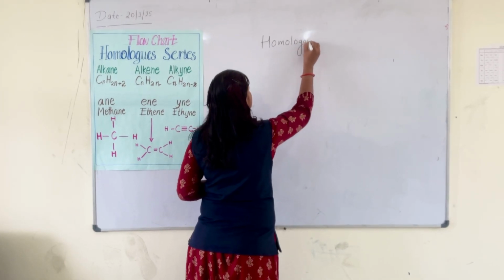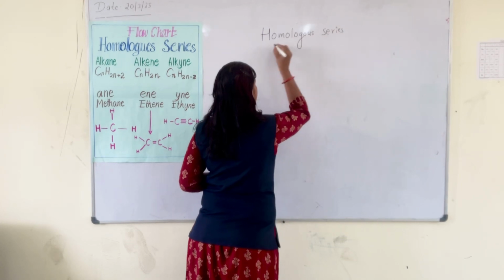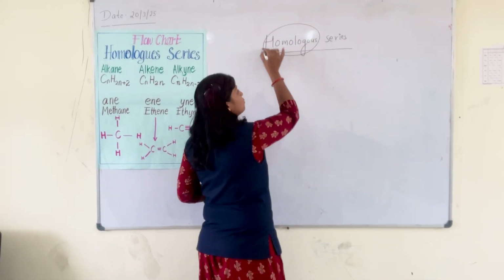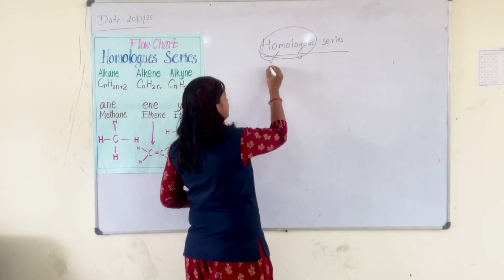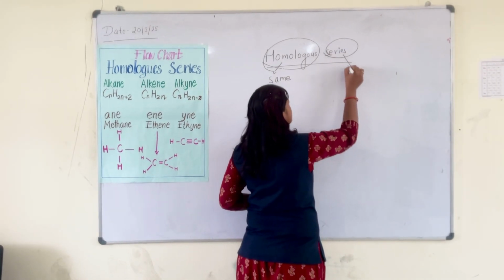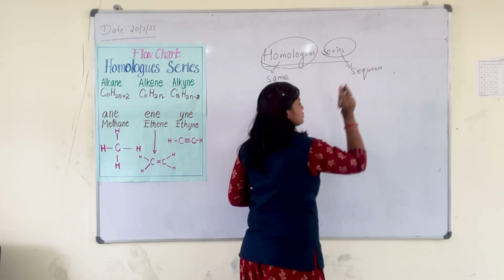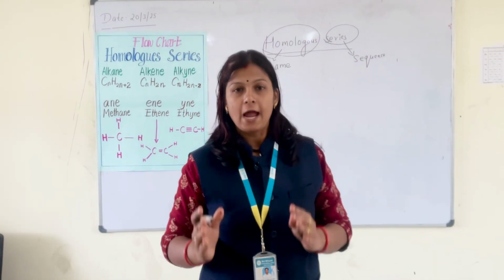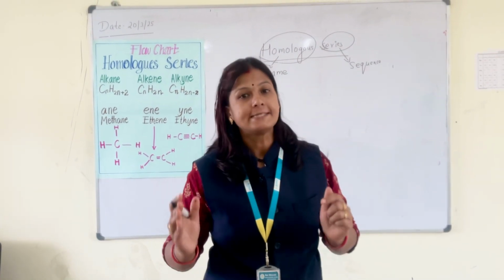Homologous series. Now, what do you mean by the term homologous? Homologous means same. Series means in a sequence. So in organic chemistry, carbon and hydrogen are bound in a series, in a sequence.